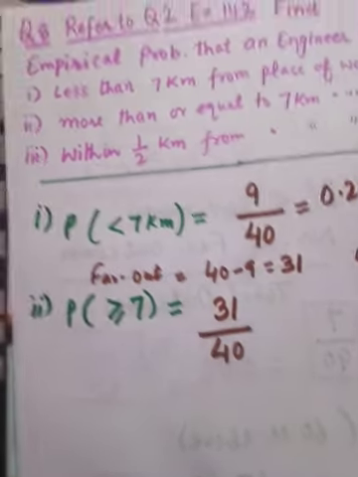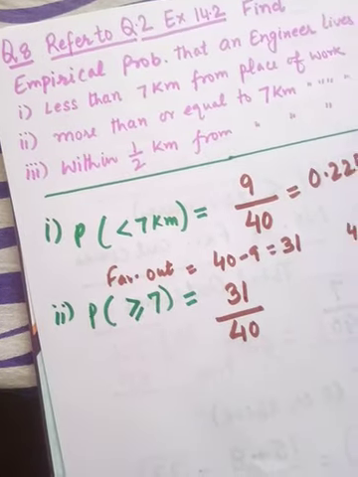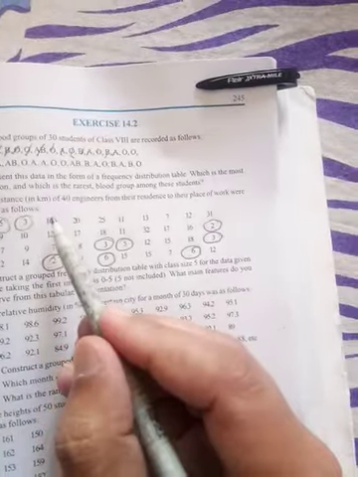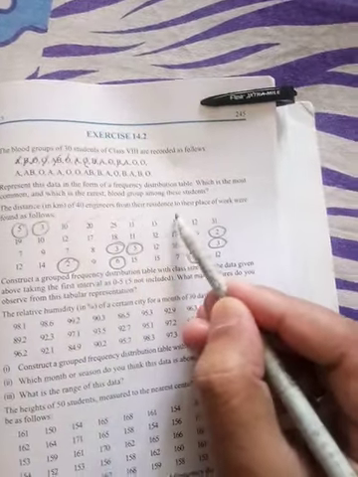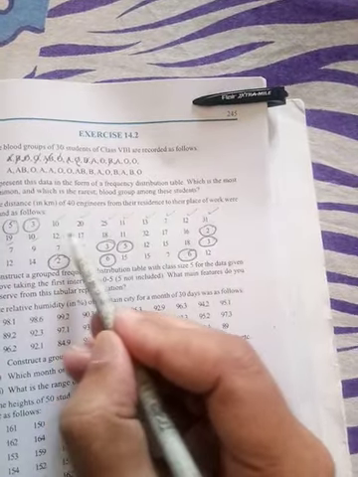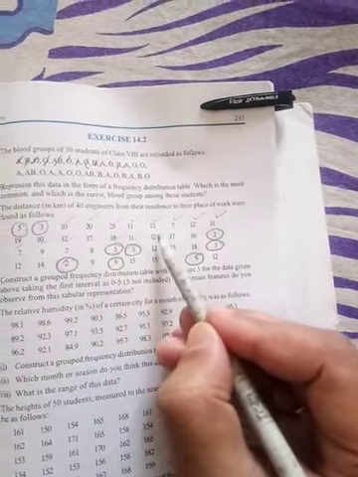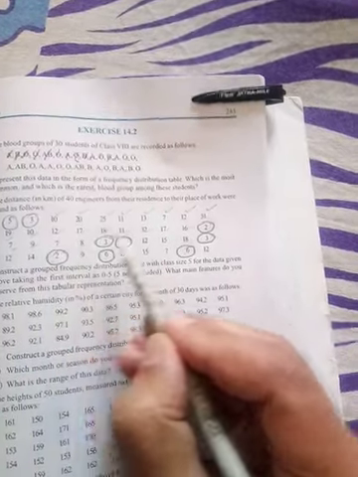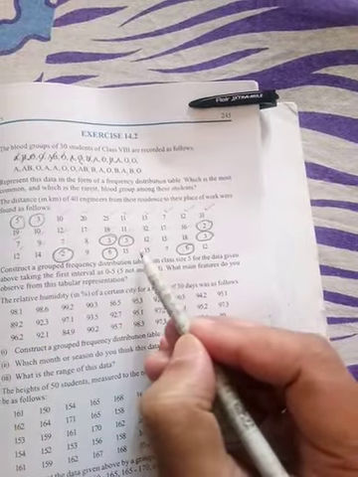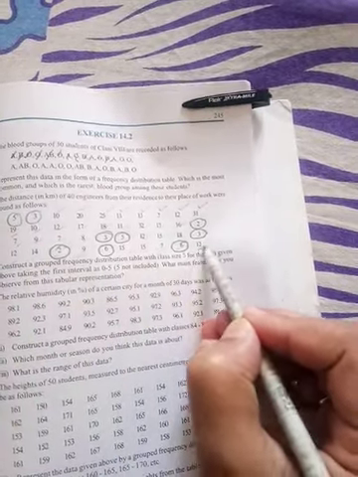Okay, and now in order to verify for you, let's do it in the book. See, the circled ones I'll not count; I'll count the rest of the numbers: 1, 2, 3, 4, 5, 6, 7, 8, 9, 10, 11, 12, 13, 14, 15, 16, 17, 18, 19, 20, 21, 22, 23, 24, 25, 26, 27, 28, 29, 30, 31.